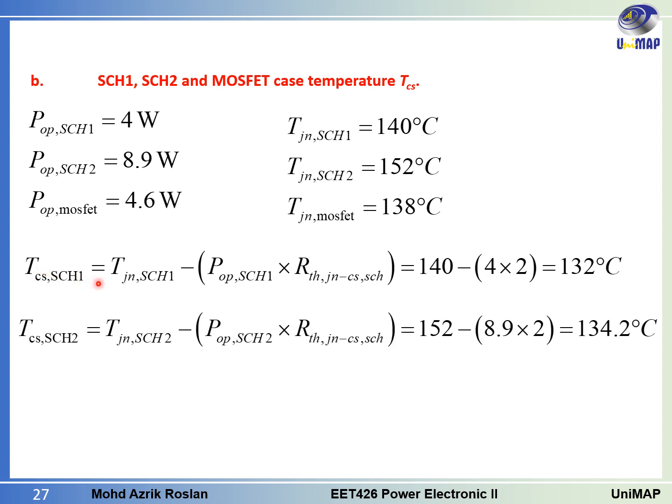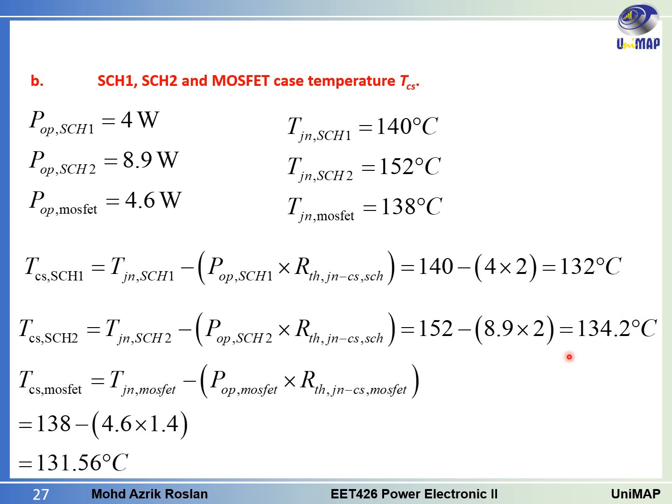For Schottky 2, the same procedure. You use the junction temperature for Schottky 2 minus the power dissipated multiplied by RTH junction to case. Then we will have the case temperature for Schottky 2 is 134.2 degrees C. And finally, for the Mosfet, the same procedure.